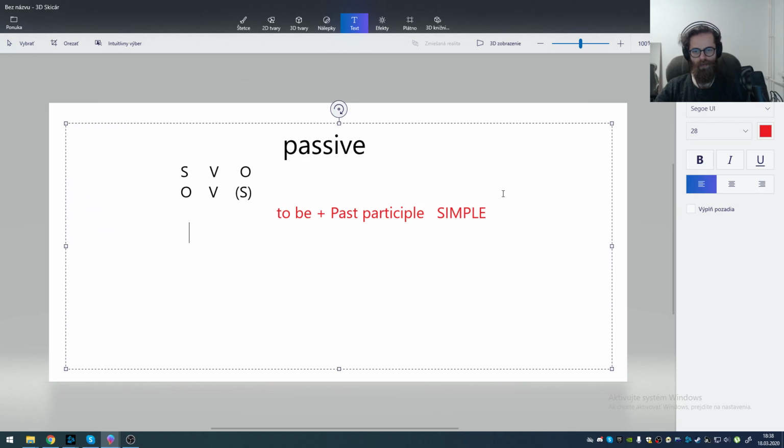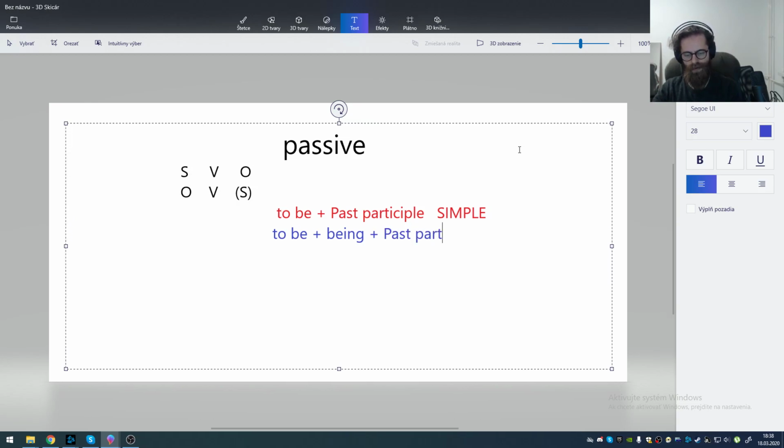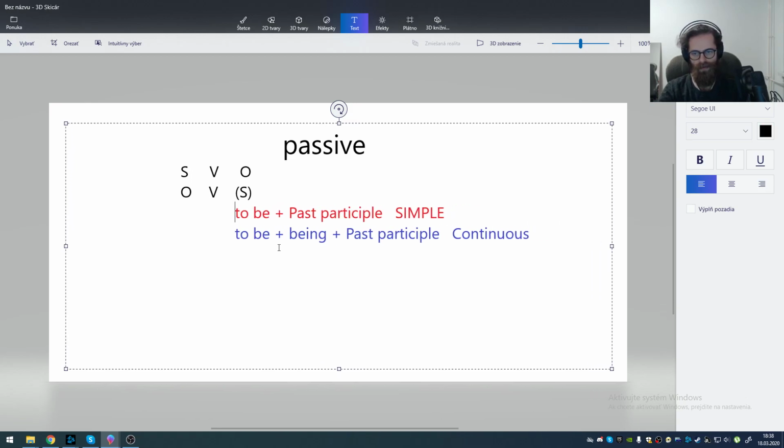In the continuous form, we have something more fancy. To be plus being plus past participle in the continuous form. Okay, it's universal, it's like that every time.